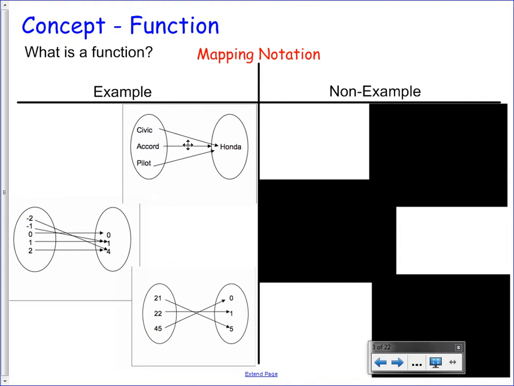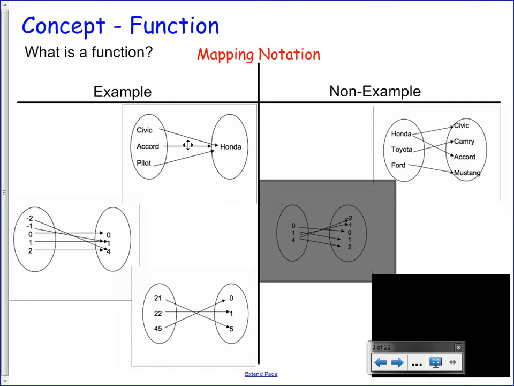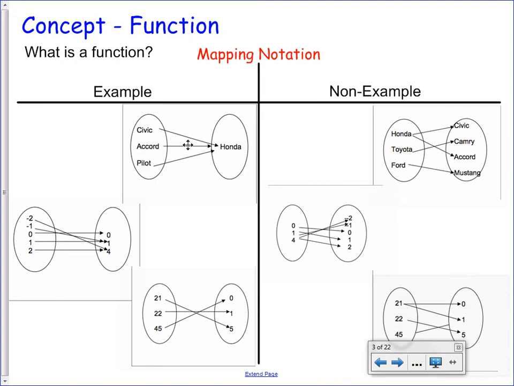Now I'm going to show you the non-examples. With your partner, I want you to see if you can come up with a rule for this. Based on this mapping notation, so this is what mapping notation looks like. A Civic maps to a Honda, an Accord maps to a Honda, a Pilot maps to a Honda.